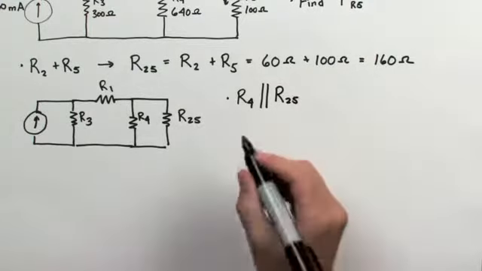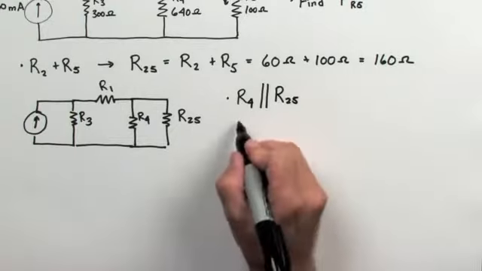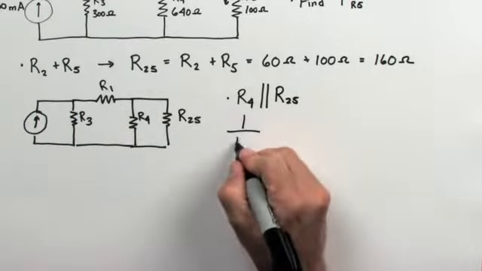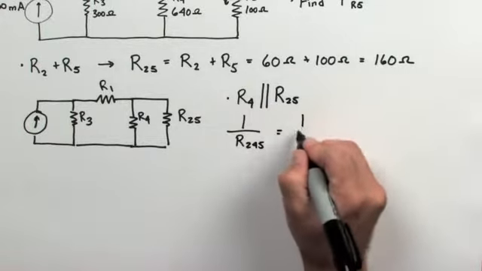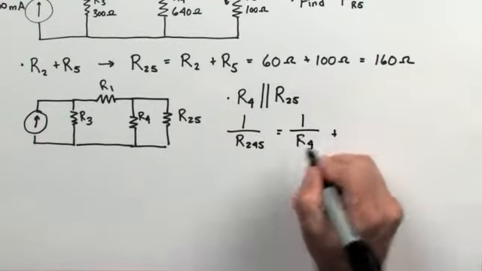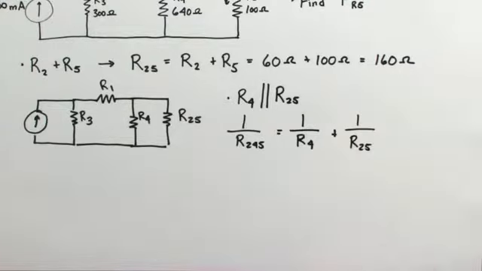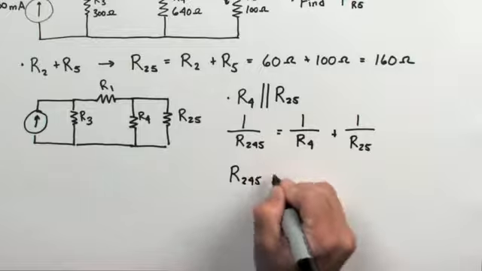So I can come up with the equivalent resistance of R2, 4, and 5 together by using the equivalent resistance formula, which is 1 over R2, 4, 5 is going to be equal to the inverse of R4 plus the inverse of the equivalent resistance of 2 and 5. All right, so when I do that, I could also write that like this.